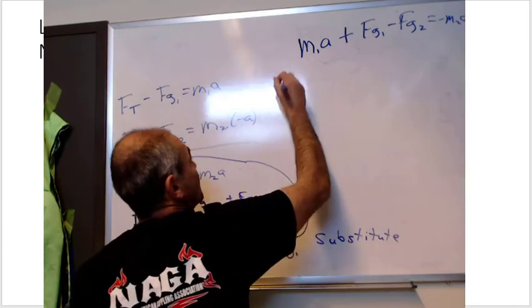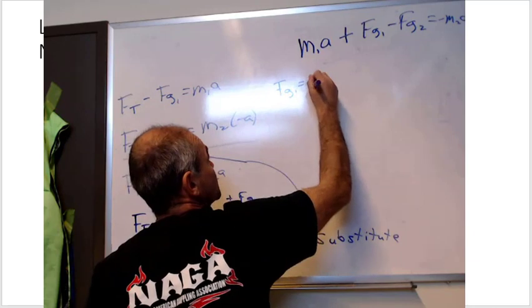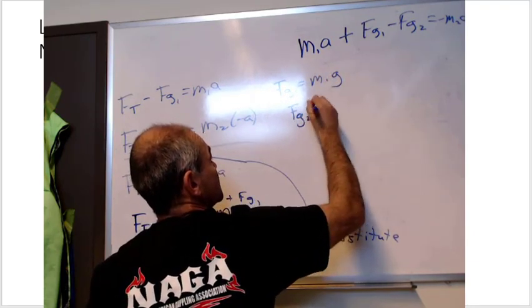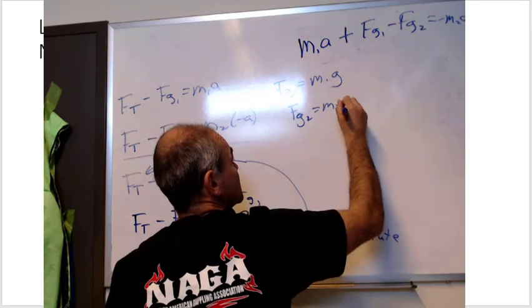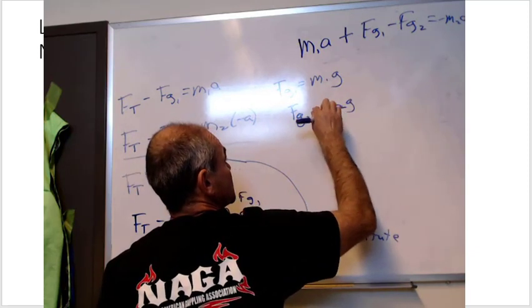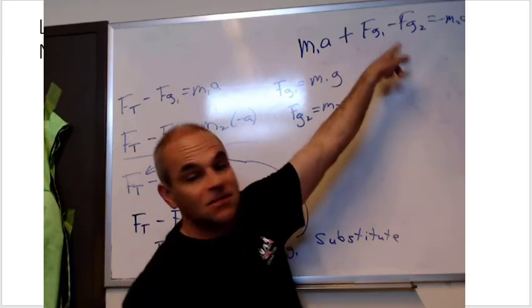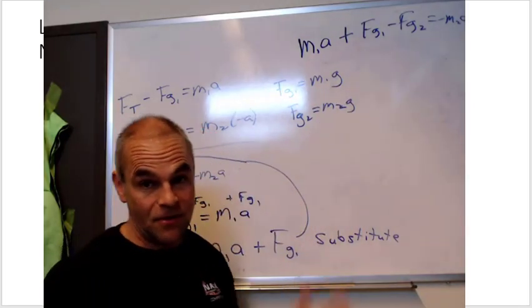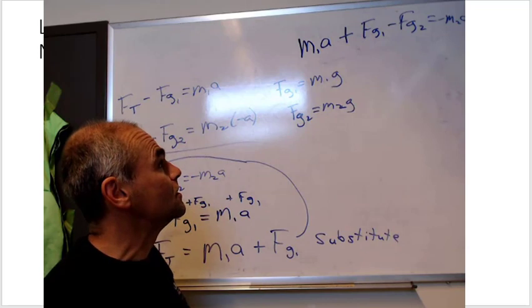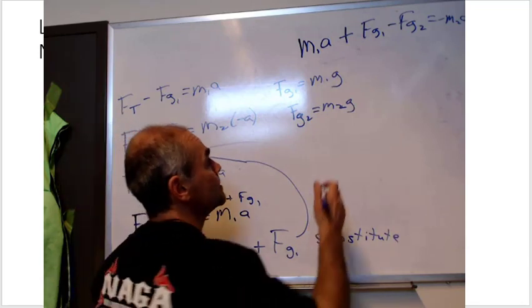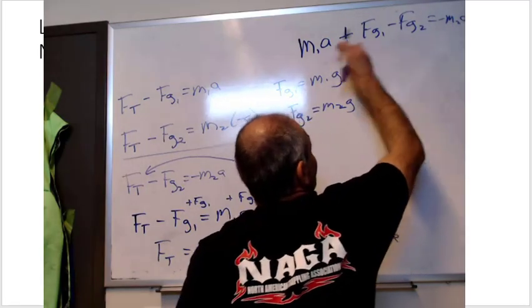And remember, Fg1 equals M1g and Fg2 equals M2g. I'll substitute these expressions in there, and I'll end up with things that are easy to factor out. You'll see in just a minute. I also want to bring M2A over to this side.